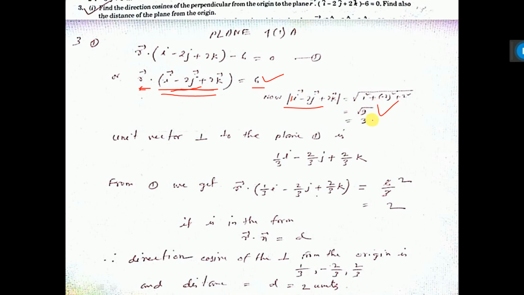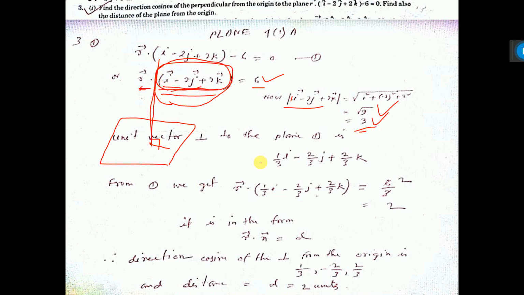You are getting 3. Now the normal vector: let's say this is a plane and this is the normal perpendicular to this plane. If you take the unit vector along this direction, then you have to divide this vector by its magnitude.